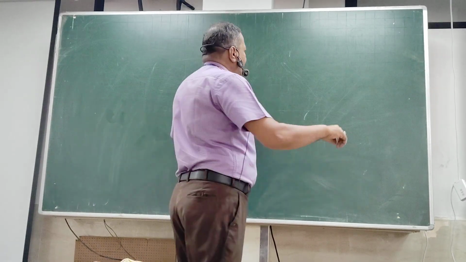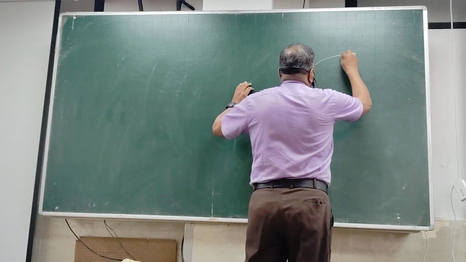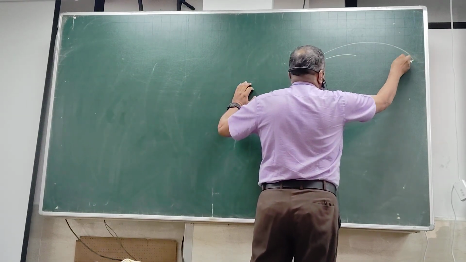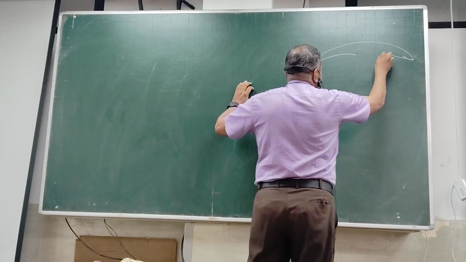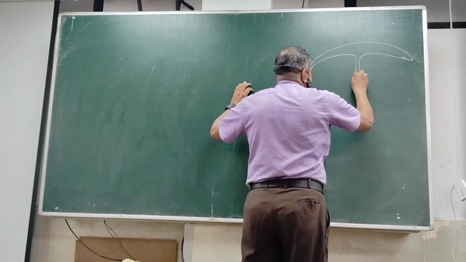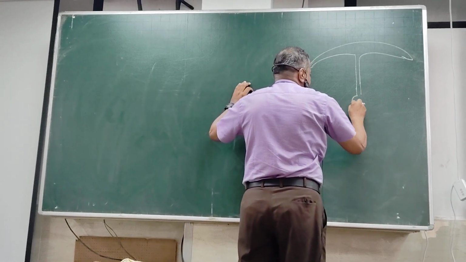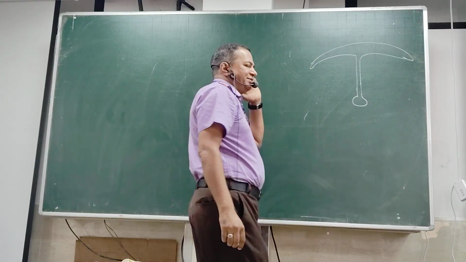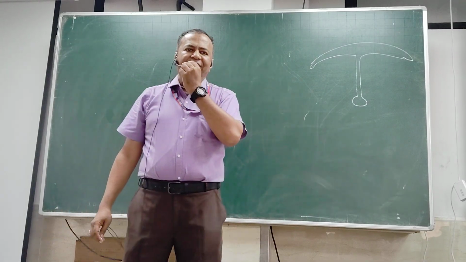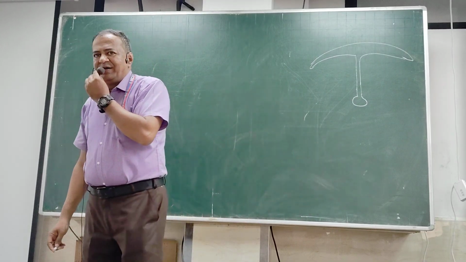Step 1, all of you know that the yolk sac is pulled inside, and then the yolk sac just remains like this. All of you are aware of this, right?